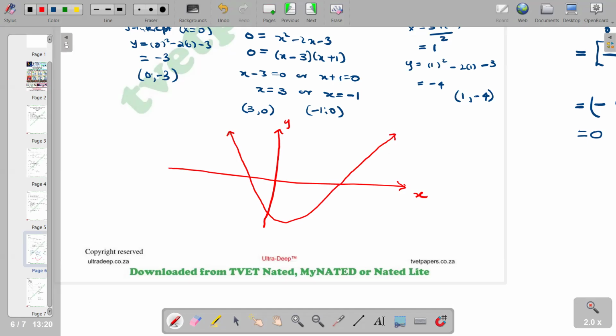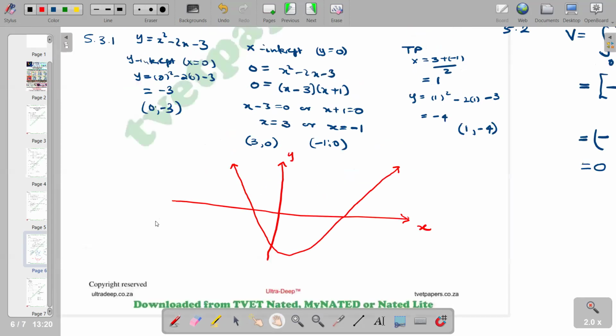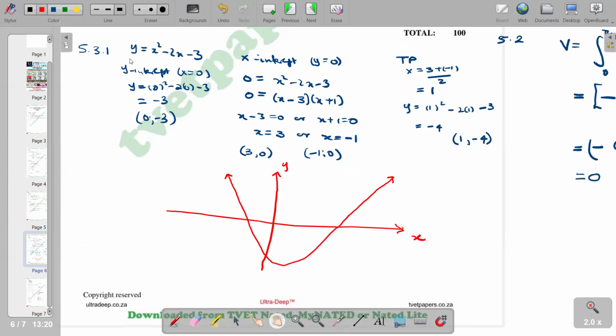To sketch the graph, remember you need to know the shape of the graph. What tells us about the shape is the value of a. From our function here, our a is positive, and if our a is positive, our graph will look like this, and if our a is negative, our graph will look like this. It's a quadratic function.